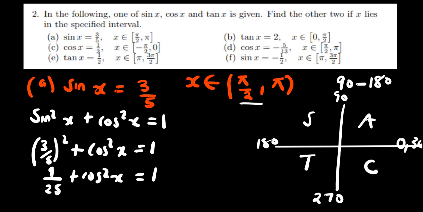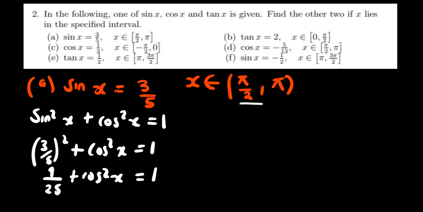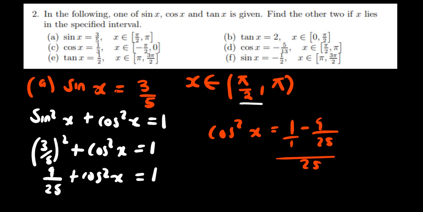Now if I take the 9 over 25 to the other side, allow me to rub this part. I'm going to have cos squared of x is equal to 1 minus 9 over 25. When we simplify this to a single fraction, that will be 25 minus 9.